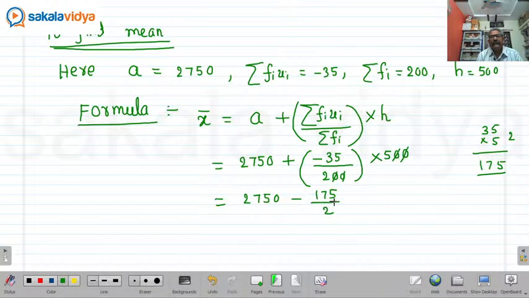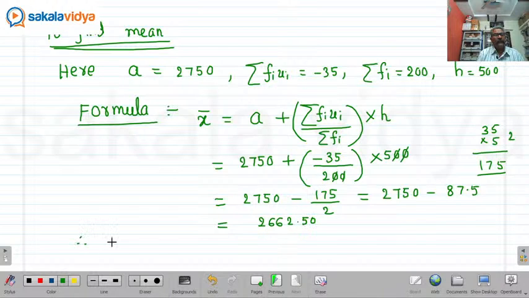Now 175 you need to halve. 2750 minus: 2 8 ja 16, 17 minus 16 is 1. 15, we have 2 7 ja 14 and 0.5. So 87.5 you need to subtract from 2750. You will be getting this value. If you simplify it, 2662.50.